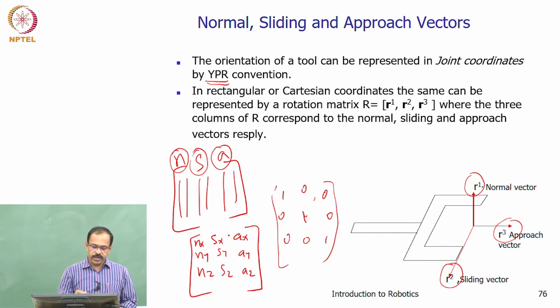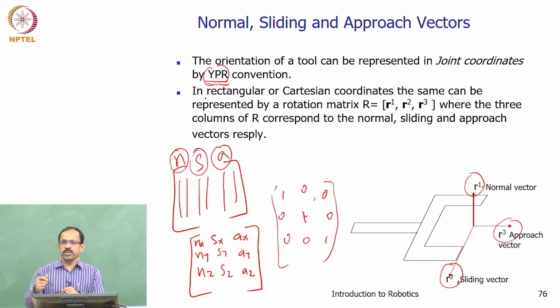If they are not aligned, you will get this kind of a matrix, with non-zero elements here, and that depends on how much the coordinate frame has rotated, with respect to the axes or yaw, pitch and roll. So you can represent it either using the angles or using vectors like this. That is why most of the time we will represent the final orientation that we want the tool to have in terms of these vectors, and then we will try to find out what joint angles will actually give you that kind of a motion.